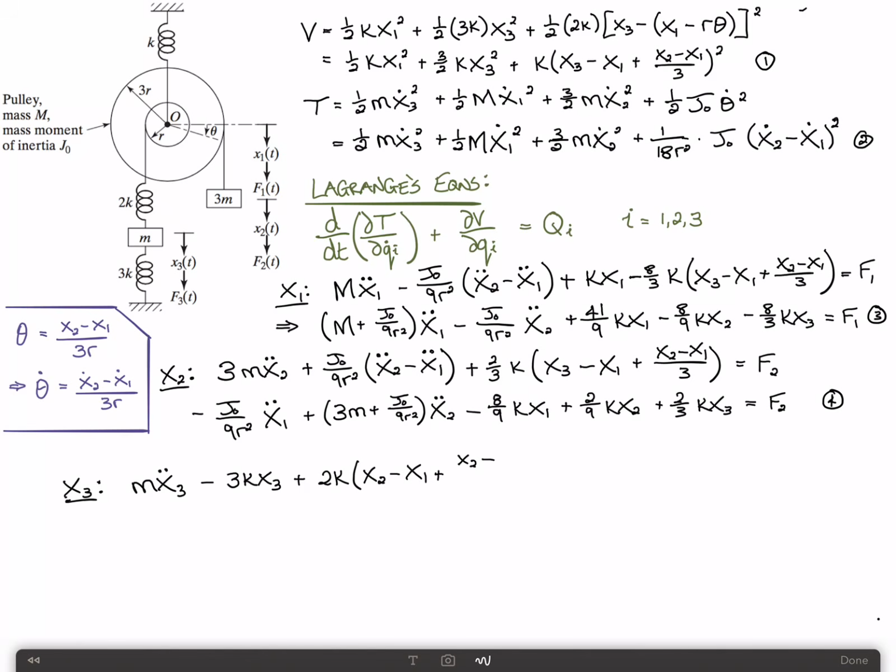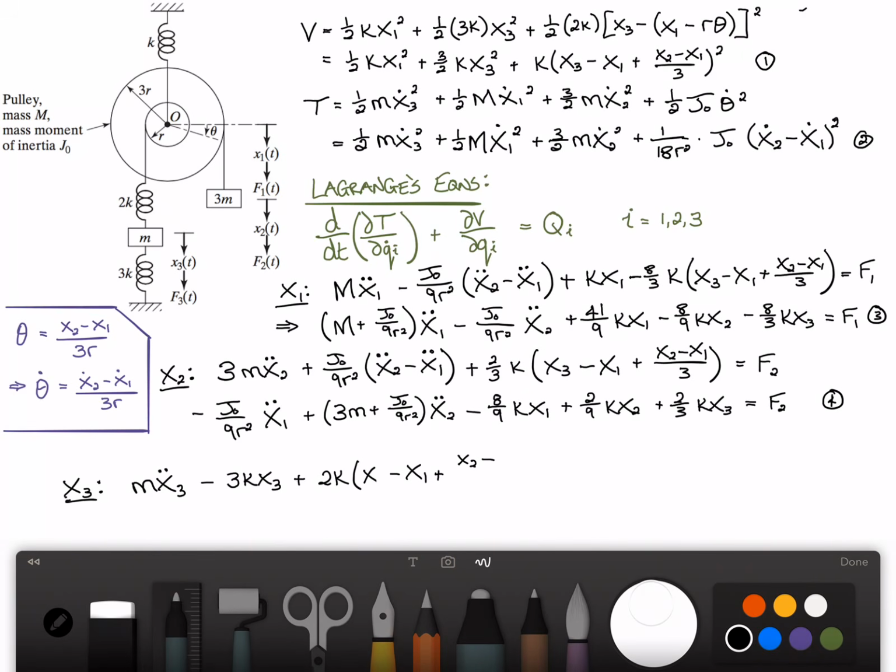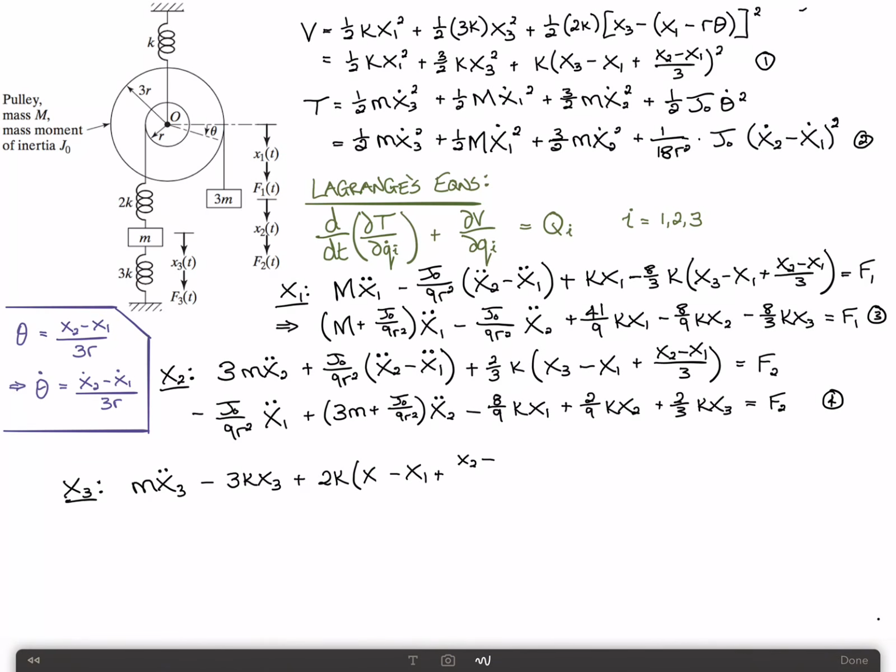Should be x3 minus x1. It's just what's in the brackets here. So x3 minus x1 plus x2 minus x1 divided by 3, times the derivative of what's in the brackets with respect to x3, and that is just 1. That makes it easy, and that is equal to f3.